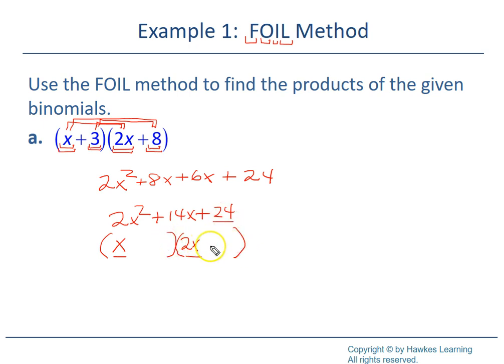And when we added these together, our inners and outers, it had to add up to 14. So we could try a 3, let's put an 8 there, I think works better. Sometimes you have to fiddle around with these to see what it is. So this is going to be an 8, your outers. This is going to be a 6, your inners, and they add up to this. But again, I'm getting ahead of myself. Right now, we're just practicing the FOIL.